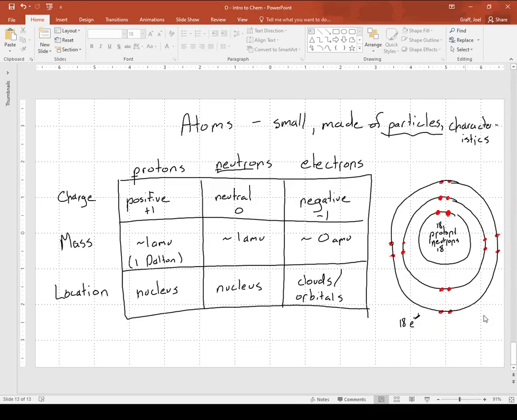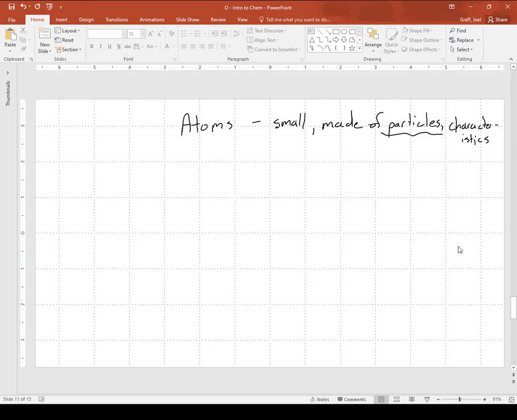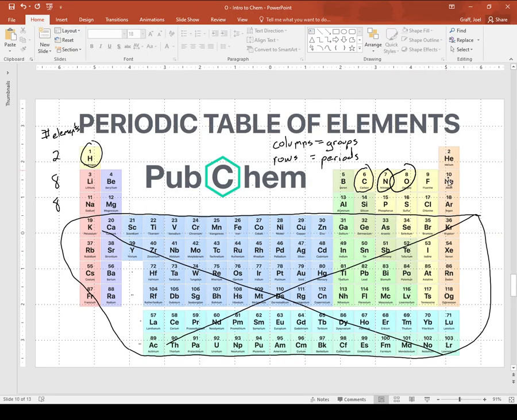And because it's happy with the 8 electrons it has, the elements in the far right column, or group, of the periodic table are known as the noble gases, and they are not very reactive with anything else.